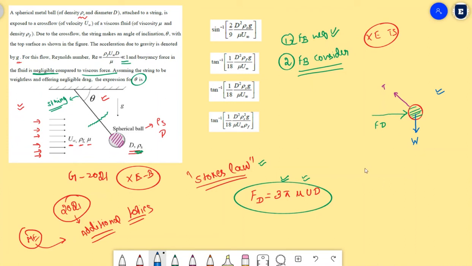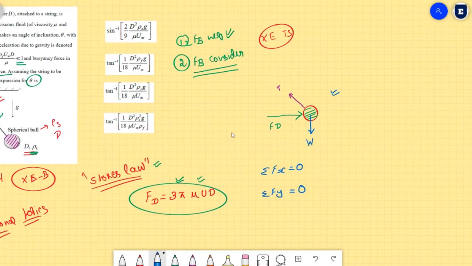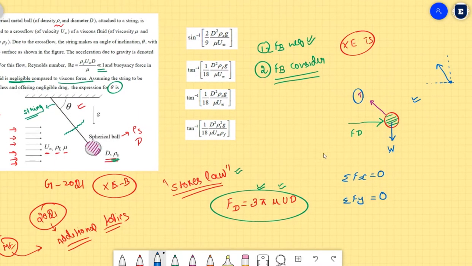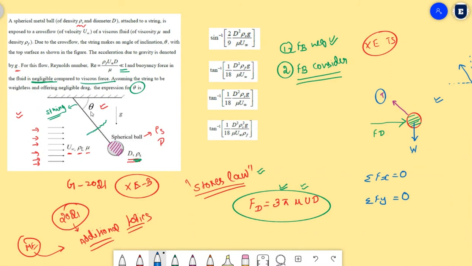You simply use the static equilibrium equations, summation of Fx equal to 0, summation of Fy equal to 0. How to do that? Let me do it now. First, let me take this tension T. Tension T is acting like this. What about the angle? They clearly mentioned that this angle is theta, right?